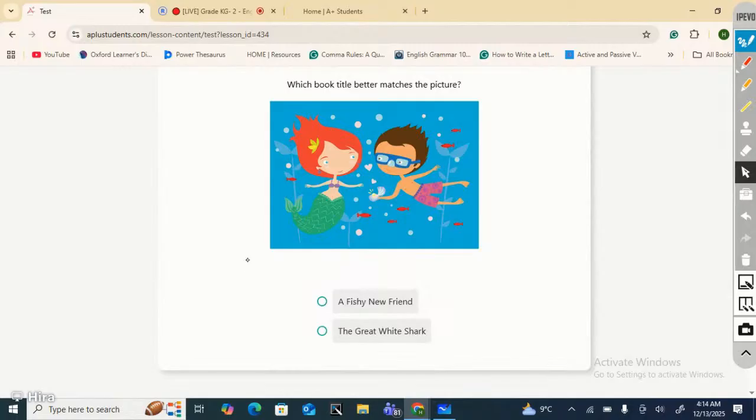Yes, it's A Fishy New Friend because we cannot see any white shark. So this one doesn't seem a better option. The first one.